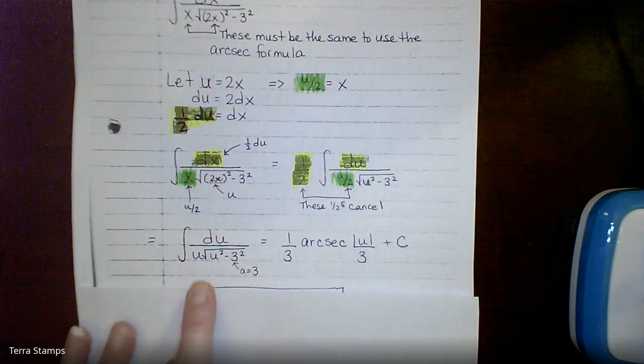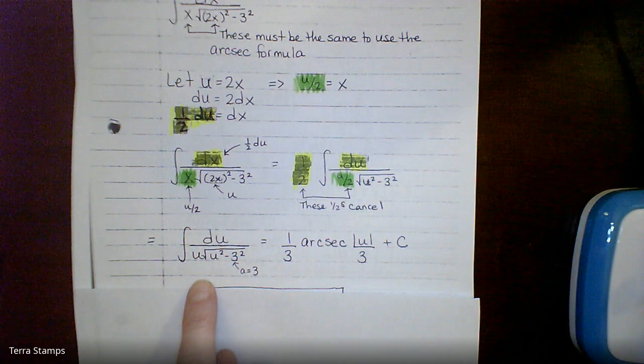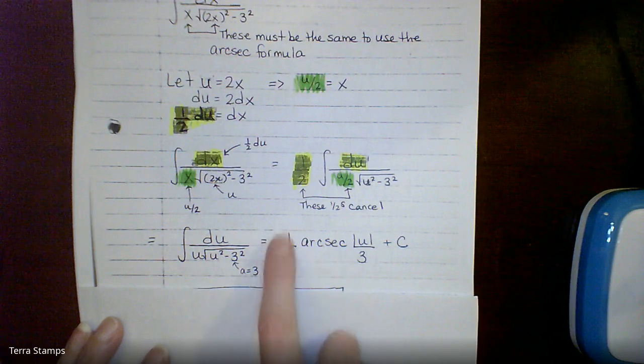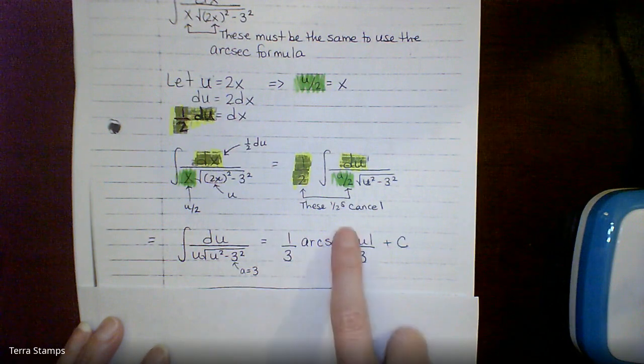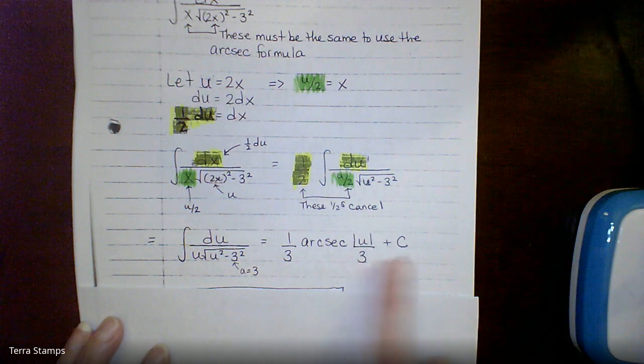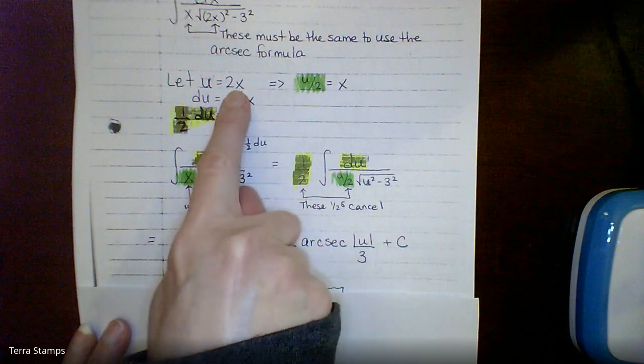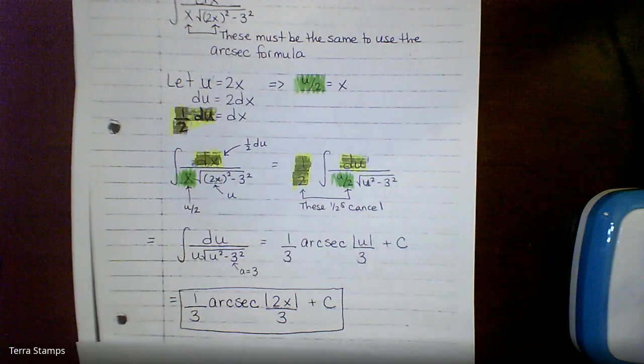So using my integration formula, looking at it in this form, my a value is 3, so I get 1 over a, which in this case is 3, arcsecant, the absolute value of u over a, plus c. And then I do have to resubstitute back in for u, which was my 2x.